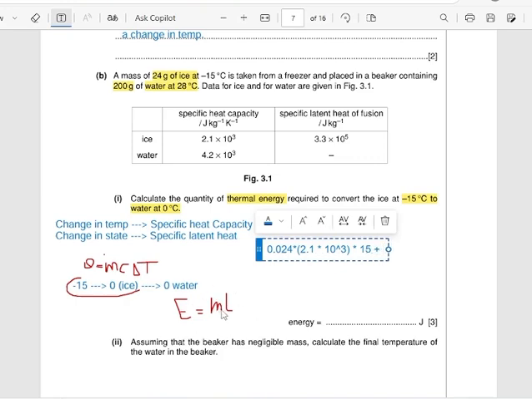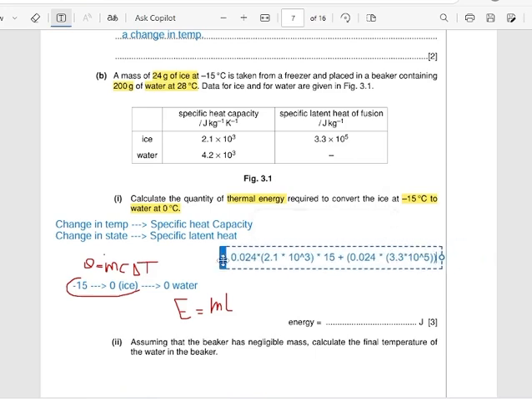So the mass from ice to water is 0.024 kilograms into the specific latent heat of fusion of ice, which is 3.3 into 10 raised to the power 5.